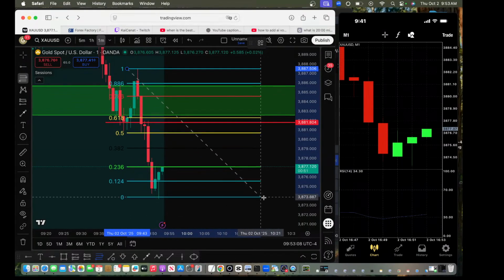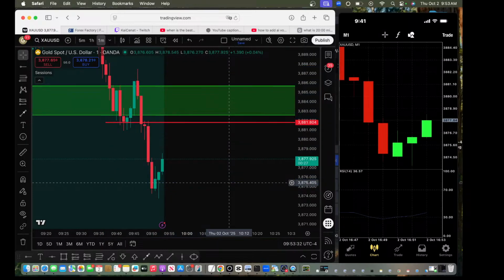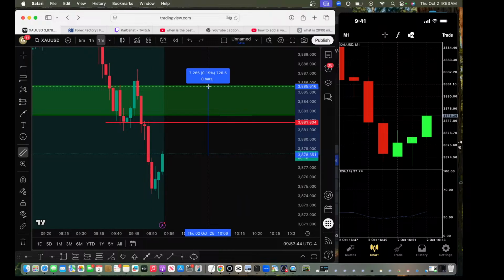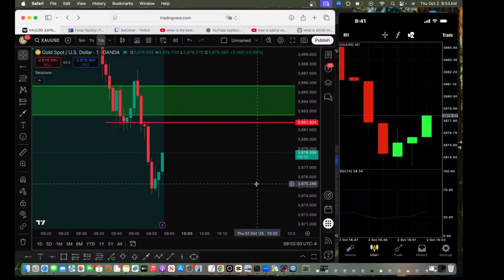You could pull out your fib and take a trade when it hits the golden zone. See how far away it is. 4 pips.